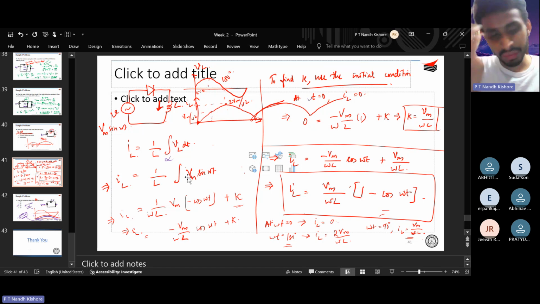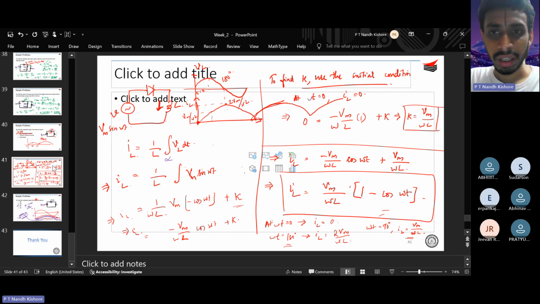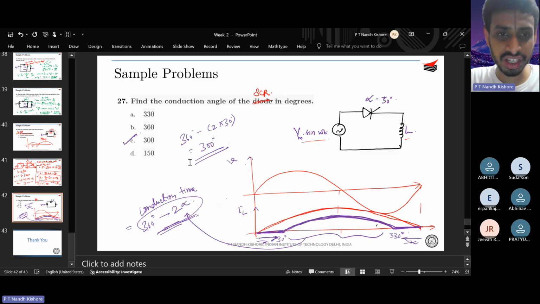I have given a specific firing angle over here that is 30 degrees, so you cannot conduct until 30 degrees. So you take the initial time as 30 degrees. That will be the lower limit of integration, and the upper limit of integration will be 360 minus alpha. Why? Because for every SCR there is something known as an extinction angle, which is called beta.